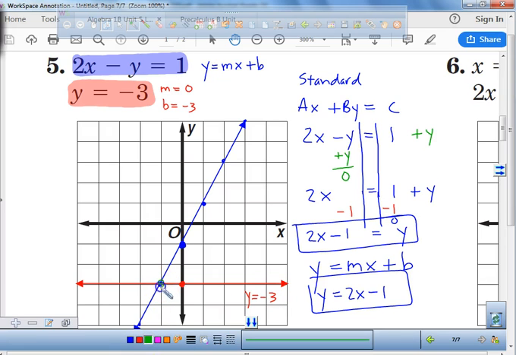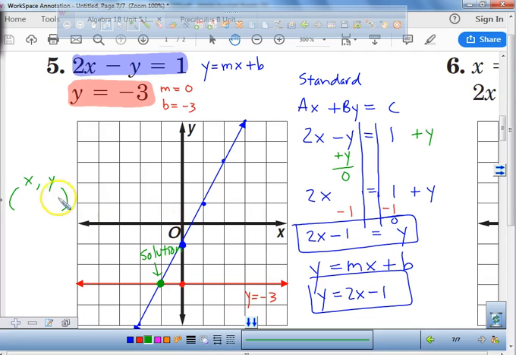Does everybody see where those 2 lines intersect? They intersect at 1 point. What is the ordered pair that represents the solution to that point? How much do I have to go over?